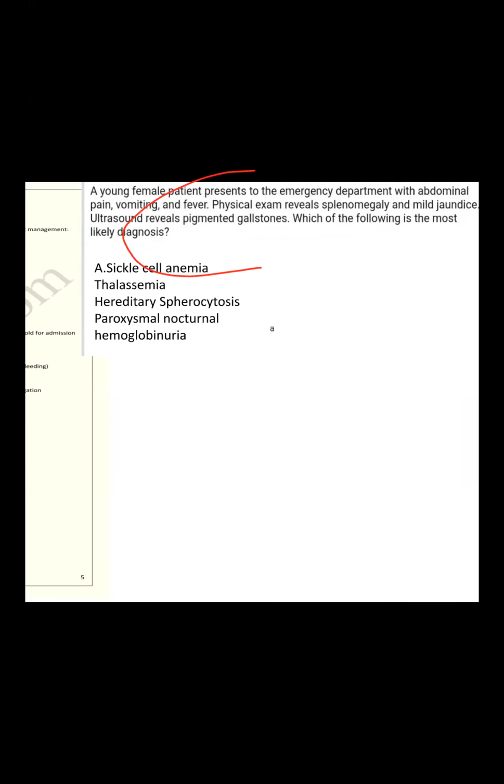Only one word, pigmented. If there is severe abdominal pain or abdominal obstruction, the crisis is another format, but with only the one word pigmented, it goes towards hereditary spherocytosis. Clear? Yes, ma'am. Thank you.